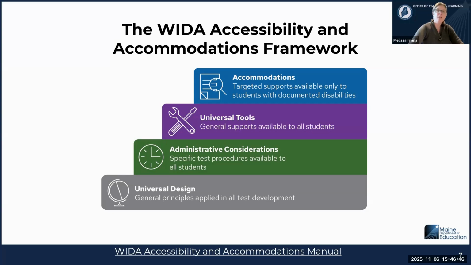WIDA has taken a lot of steps in developing their test process to incorporate universal design principles to increase accessibility for all test takers. And they did that built on the understanding that all multilingual learners have diverse learning needs and styles, and that they're all capable of making progress toward English language proficiency.